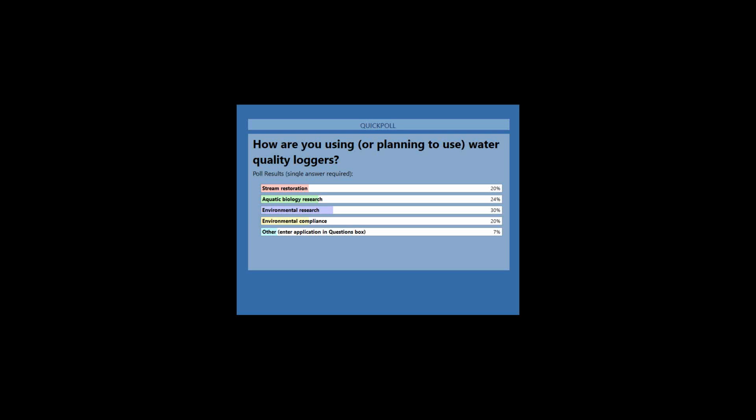So pretty good distribution actually across those application areas, and 7% chose other. So if you chose other, you can enter that into the question area, and I'll see that. And that just helps me get a sense for other areas that you're using the loggers.